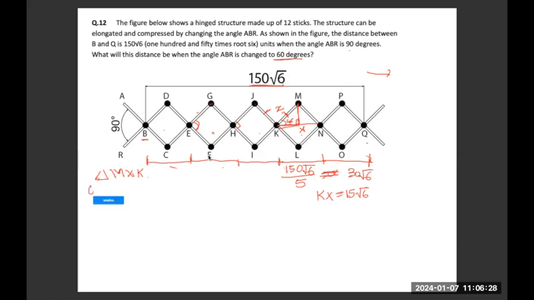In MX, cos, thank you Kavya, it will be a cos function, cos 45 in KXM, because it's the adjacent value. KX value is adjacent, and this is the hypotenuse. So KX upon hypotenuse, which is MK, will be equal to 15 root 6 upon hypotenuse, which is x.